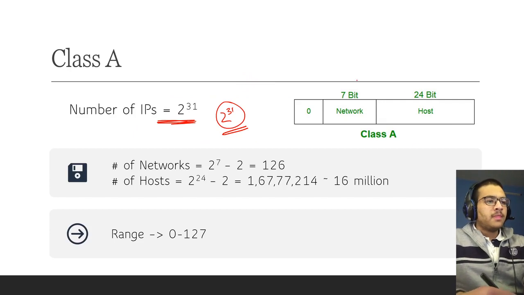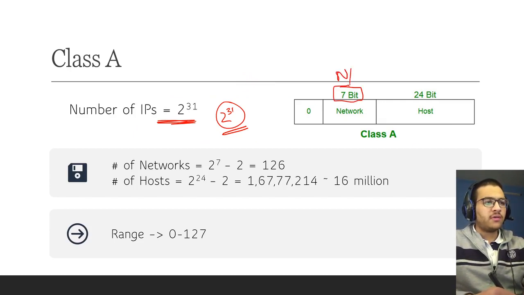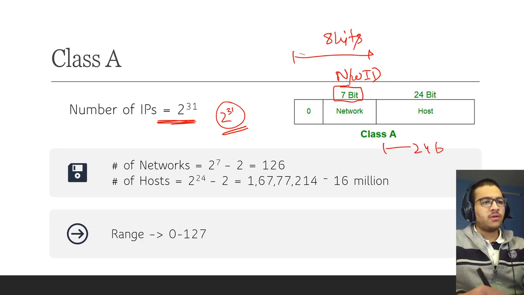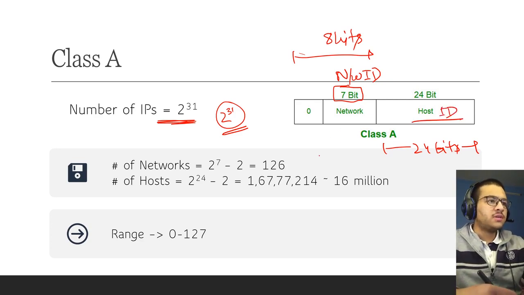The first 8 bits are reserved for the network ID, and the next 24 bits out of the 32 bits are reserved for the host ID. The first bit in the 8 bits is reserved and is always 0. So the values can range from 0 to 127.